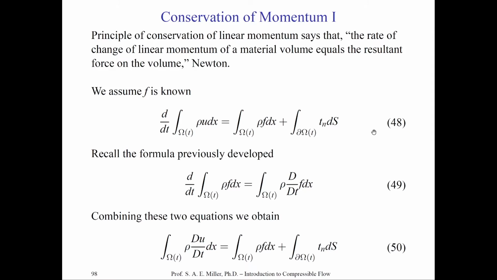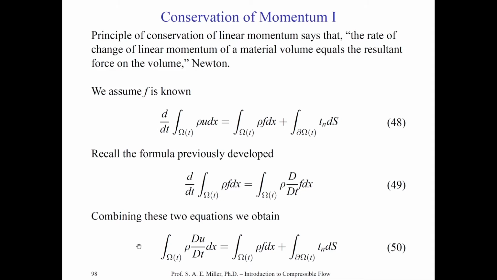Recall the formula previously developed. We related d/dt of a volume integral of rho f to the integral over the volume of rho times the material derivative of f. Look at the first term in 48 and 49. They are very similar, so we can combine 48 and 49, substituting the right-hand side of 49 into the left-hand side of 48, and receive equation 50.